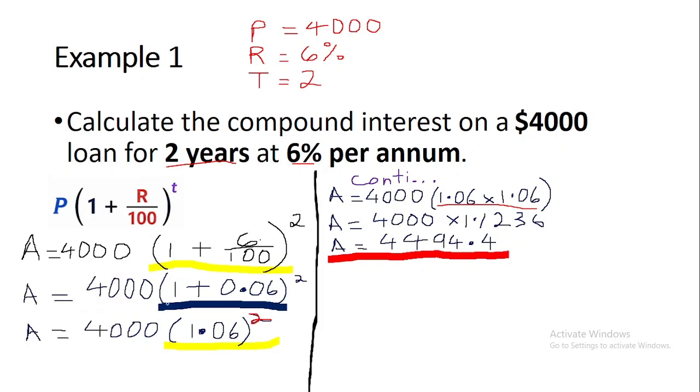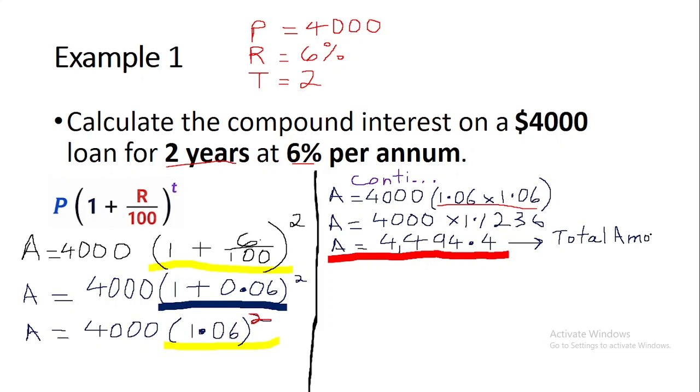So the next thing that we're gonna do, now that we know what our total amount is, I'm just gonna find my compound interest. And we know that to find my compound interest, we're gonna have to subtract the principal from the total amount.